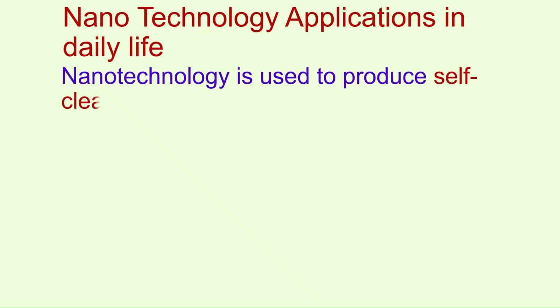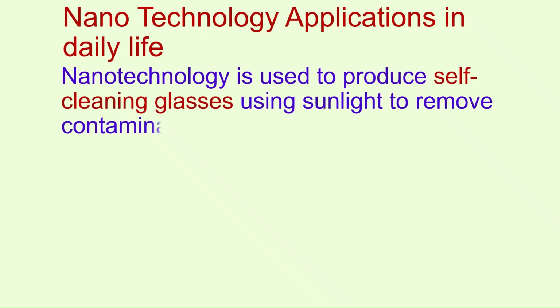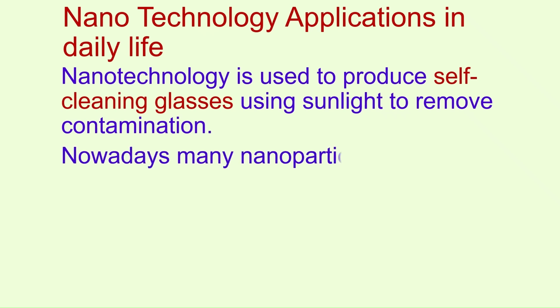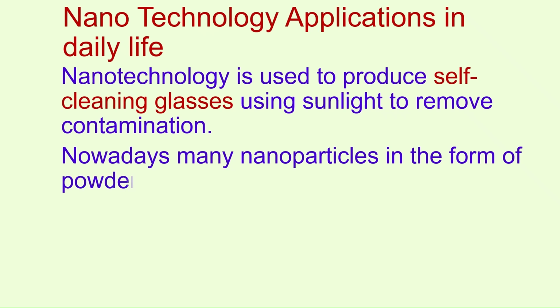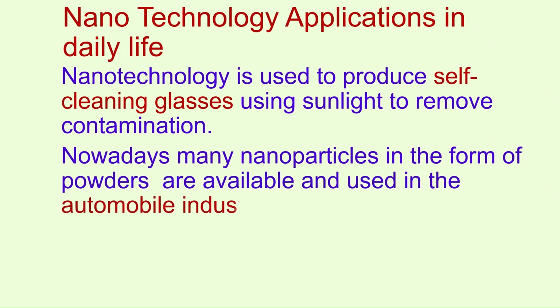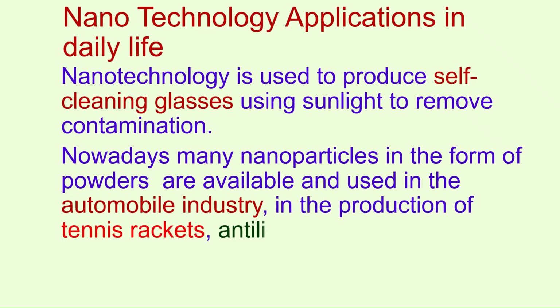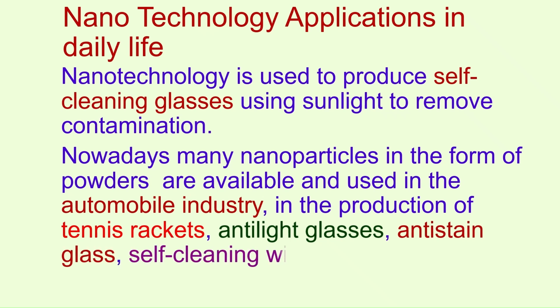Nanotechnology is used to produce self-cleaning glasses, using sunlight to remove contamination. Nowadays, many nanoparticles, in the form of powders, are available and used in the automobile industry, in the production of tennis rackets, anti-light glasses, anti-stain glass, self-cleaning windows, and solar panels.